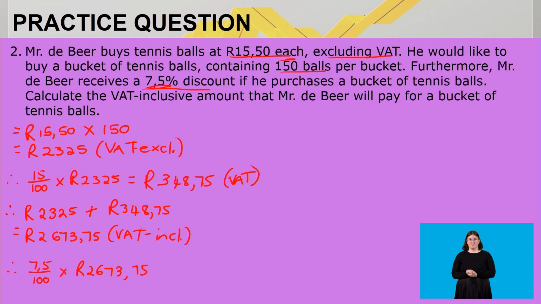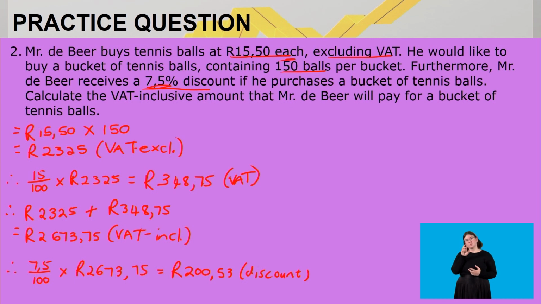So this will give us an amount of, and I'll write it here, 200 Rand and 53 cents. And I'll indicate that this is the discount that Mr. De Beer will receive. Remember, it's a 7.5% discount, but what does that relate to in terms of an amount? It relates to 200 Rand and 53 cents.